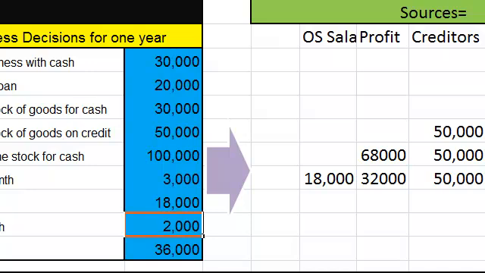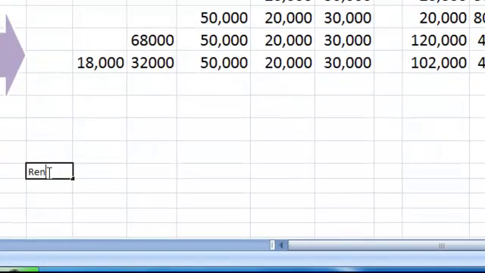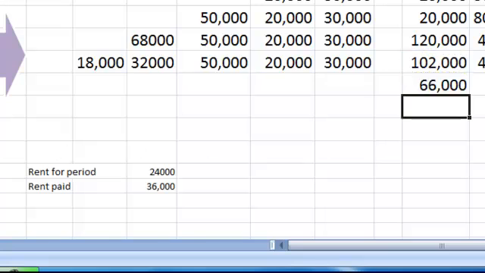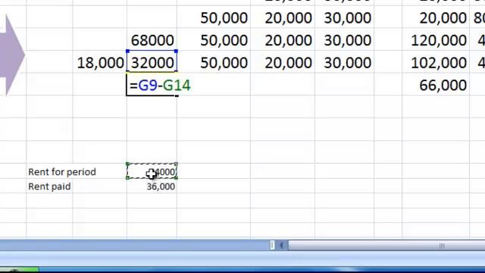Now you can see the rent per month. We can take the working note again. Rent for the period is 2,000 per month, for the year 2,000 into 12, which is 24,000. But rent paid is 36,000. So therefore cash will reduce by 36,000, but the expense for the period, because of the matching principle and accrual principle, is 24,000.